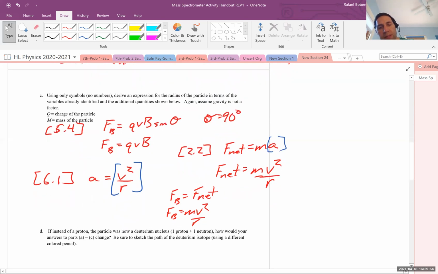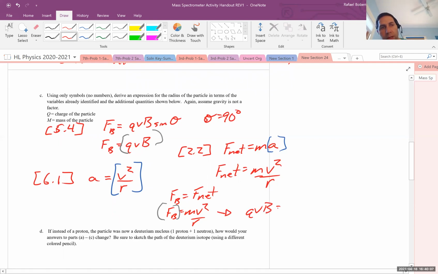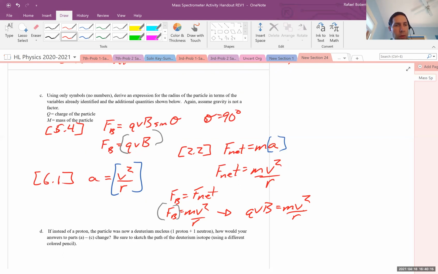So this means, let me be really explicit about this, I can set this equal to that. I'm going to say QVB equals mv squared over r. Now, what are we trying to solve for? We're trying to solve for the radius. Oh, and look here in the problem statement, it tells me to use a capital Q and a capital M. So I'm going to do that here in the next step.